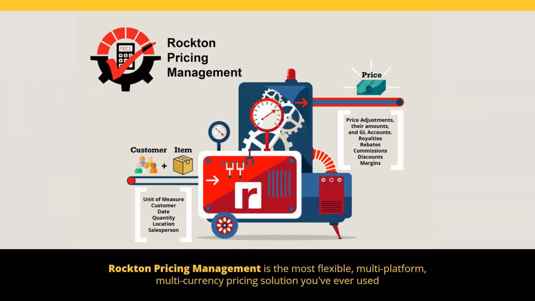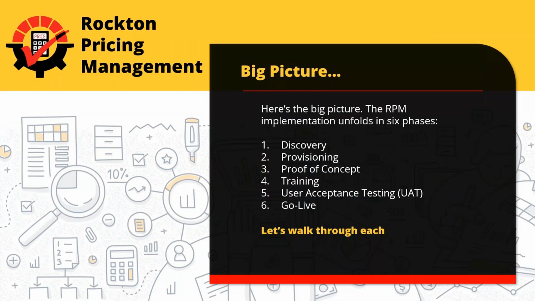So again, just adding those different layers of complexity to your pricing. That's enough for the recap, and we're going to get into today's topic. Today's topic is really focused on how this process happens. How do I move from Omni Price to RPM?